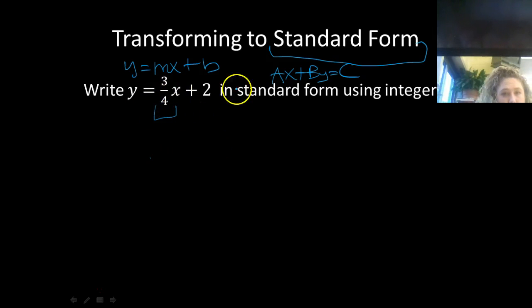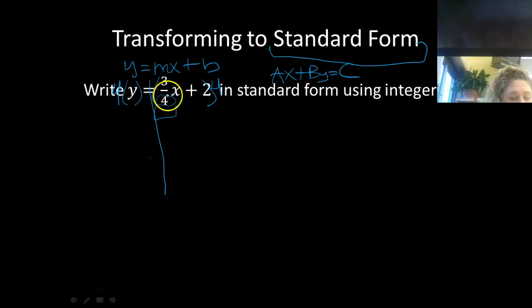How do I transform this into standard form? Well, I see here I have a 4, and I want to get rid of it because it's creating a fraction. So what you can do is times this entire thing by 4, and whatever you do to one side of the equation, do to the other.